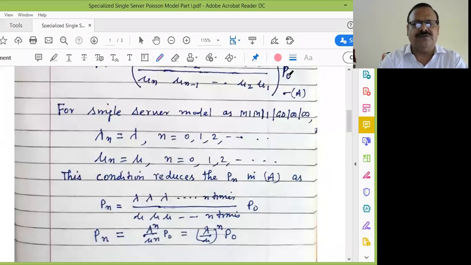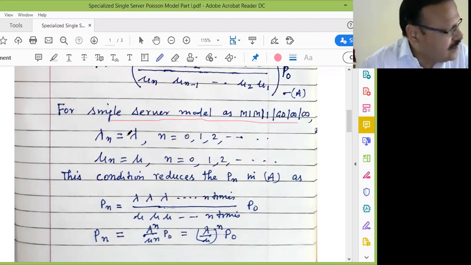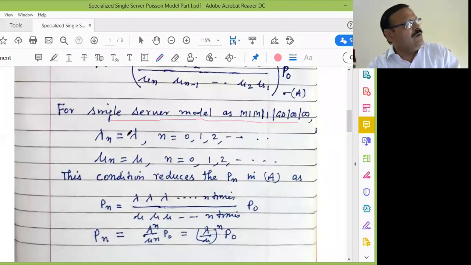Now we are going to a specialized case. Our work starts today here. In case of a single server, if you revisit your previous knowledge of the lecture, lambda n was the arrival rate, provided the system has n customers.